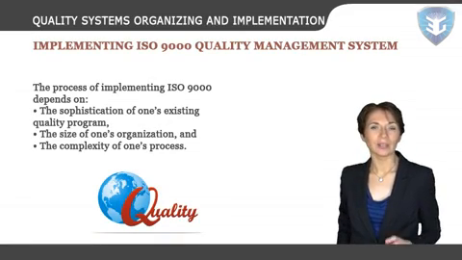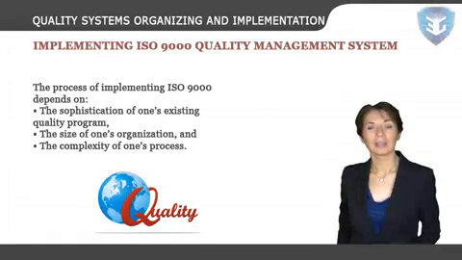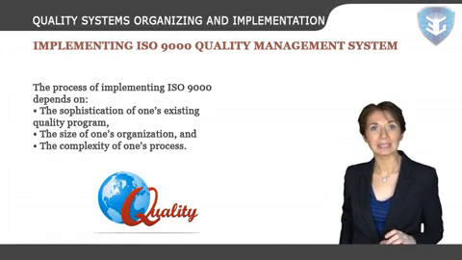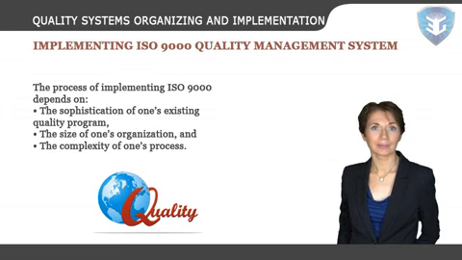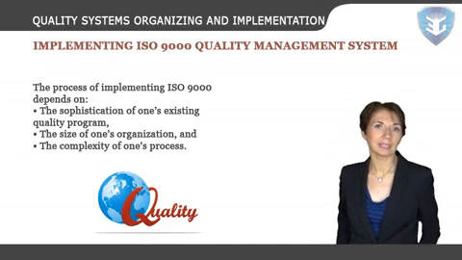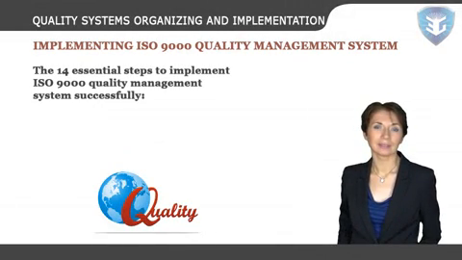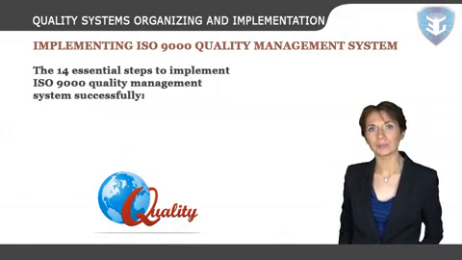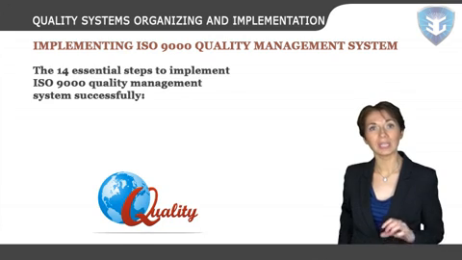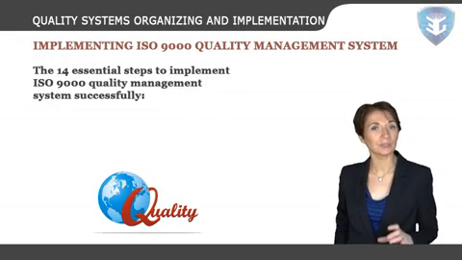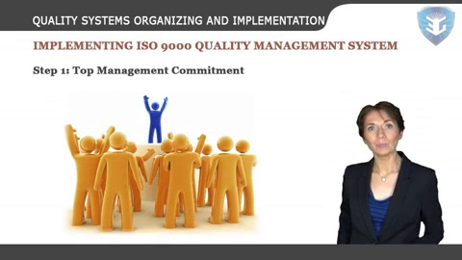The process of implementing ISO 9000 depends on the sophistication of one's existing quality program, the size of one's organization, and the complexity of one's process. The 14 essential steps to be followed in order to implement ISO 9000 quality management systems successfully are: Step 1.